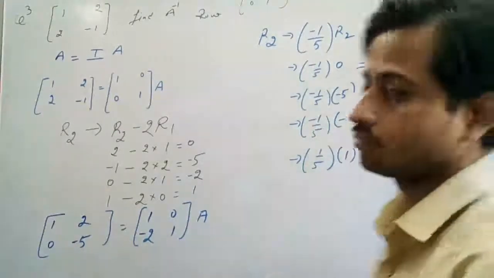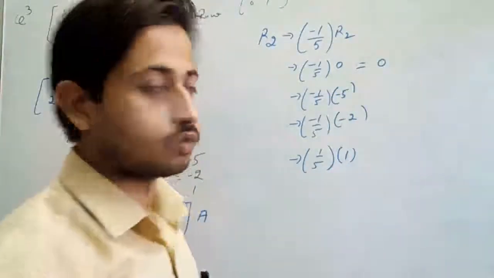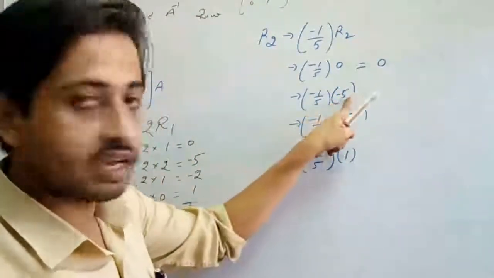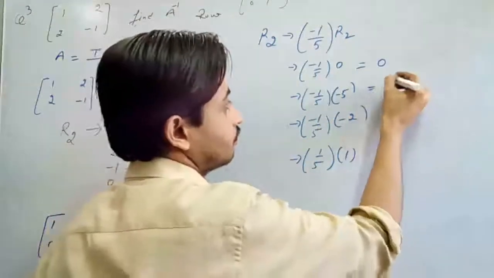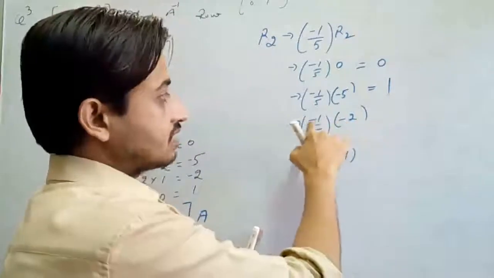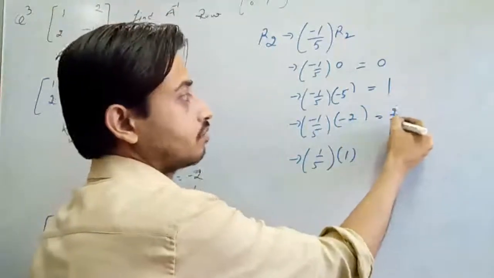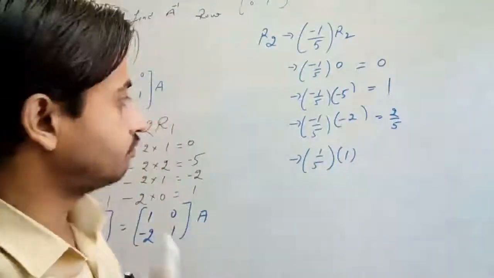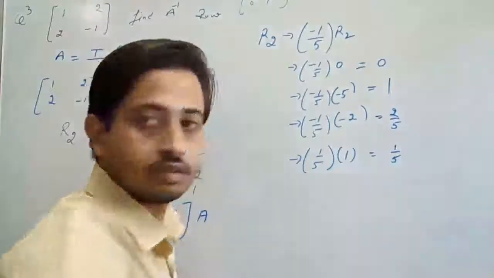Now solve this. Minus 1 by 5 into 0, we get 0. 5 will cancel out 5 and minus 1, we get plus 1. Negative will cancel out with negative, we get 1 into 2, 2 divided by 5, we get 2 by 5. 1 into 1, 1, we get 1 by 5.